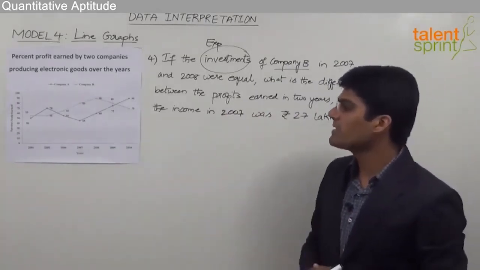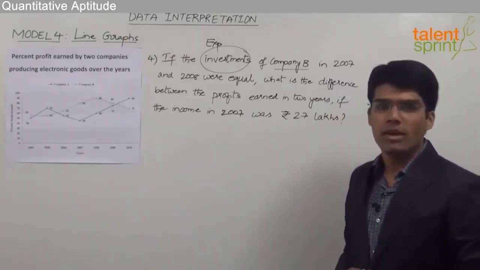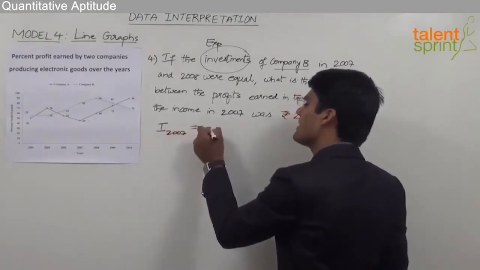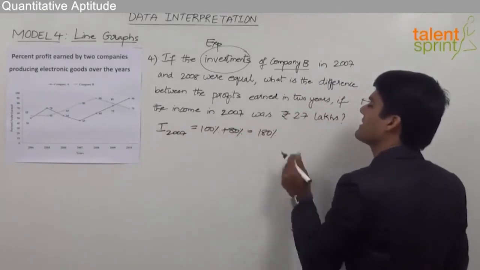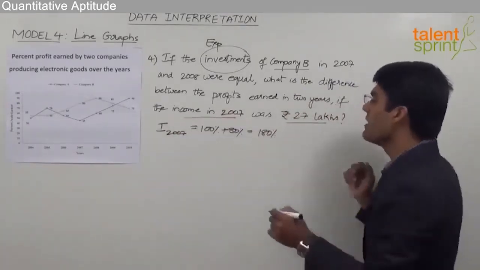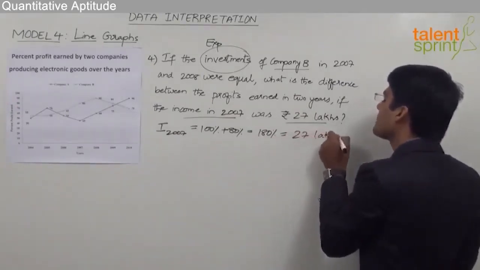So income of 2007 will be equal to 100% plus 80%, that is nothing but 180%, and that income in 2007 is given as 27 lakhs. So we can say 180% is equivalent to 27 lakhs.